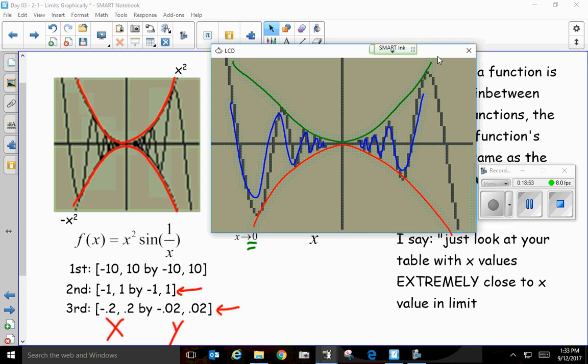So when the green line gets closer to 0, what does it approach from both sides on the y? 0. The origin, right? What about this sandwich one? What does that approach? 0. So if those both approach 0, this blue one is going to approach 0. So this should equal 0.